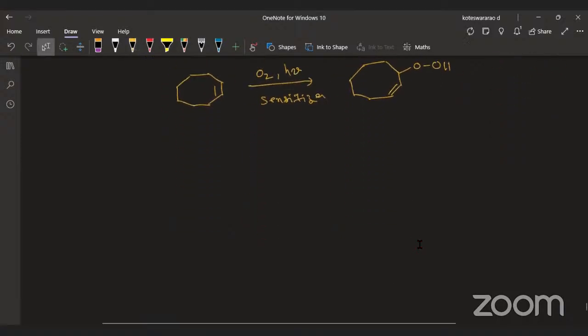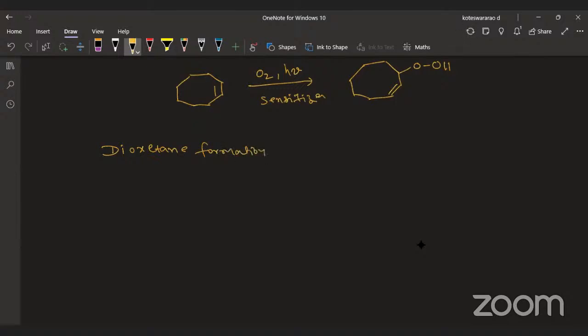Next reaction, dioxetane formation. For example, an alkene without allylic hydrogens.